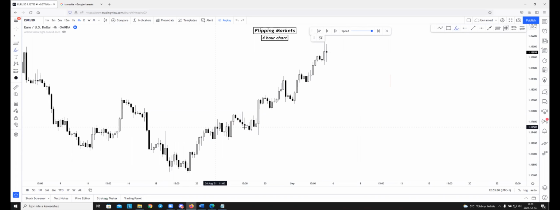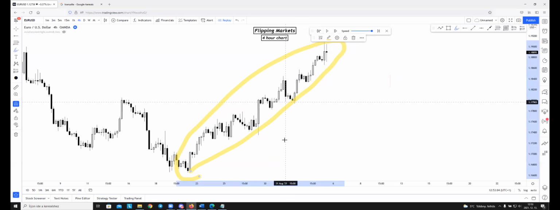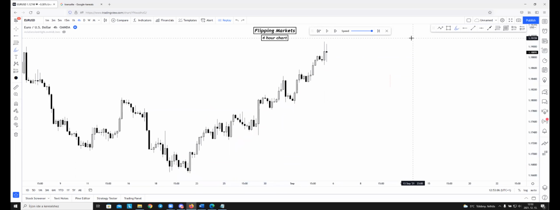I want you to mark all of the demand zones out on this structure. I will give you 1 minute for this task.